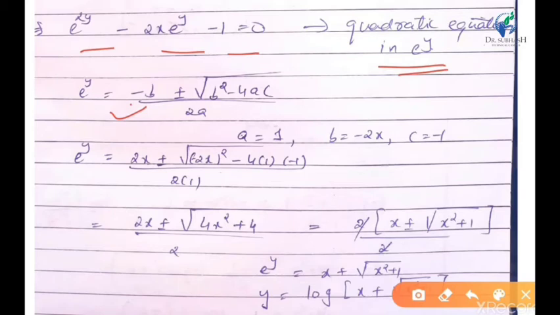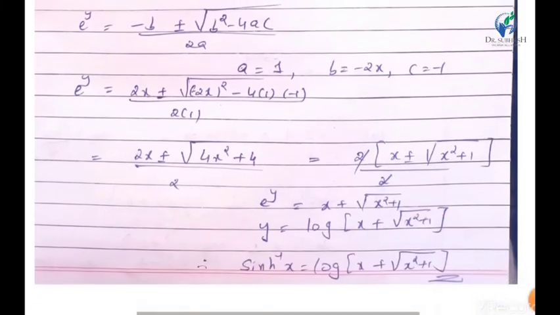Coefficient of e raised to 2y is 1, so a equal to 1. Coefficient of e raised to y is minus 2x, so b equal to minus 2x, and the rest is c, that is minus 1. We have substituted these values of a, b and c in this equation, so this is the obtained equation. Now we simplify this. 2x squared will become 4x squared, and this will become plus 4.